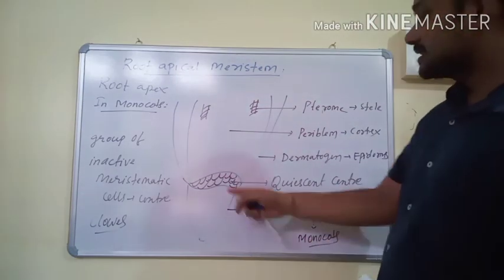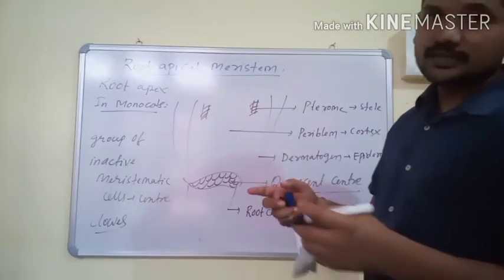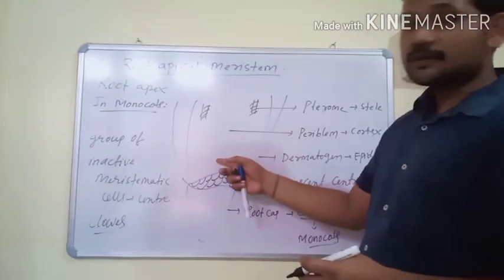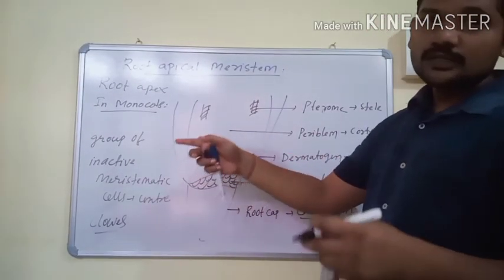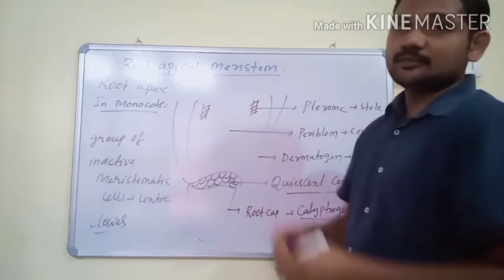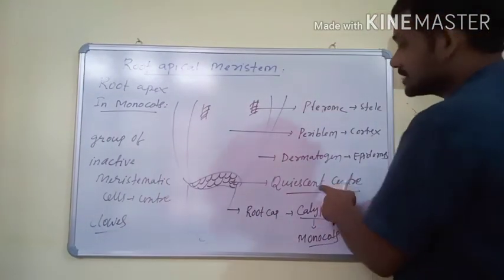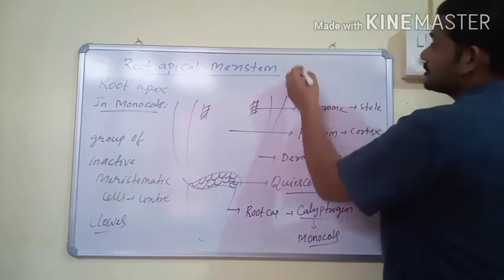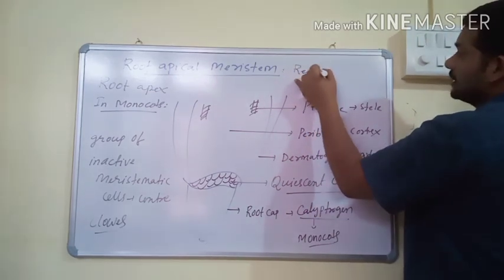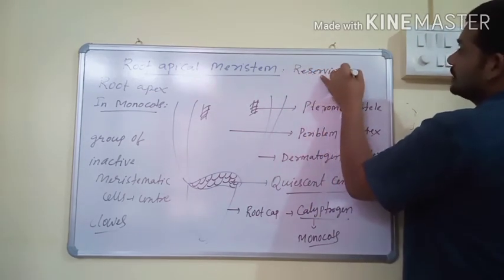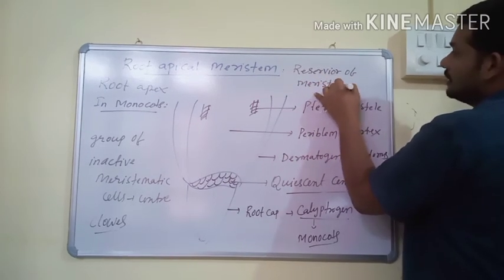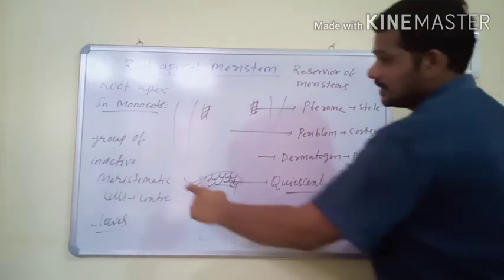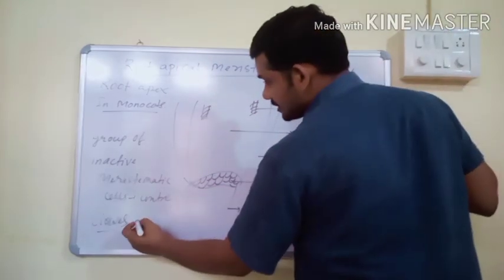Inactive meristematic cells means they do not always divide. Whenever the root apical meristem requires new cells, only then do they undergo cell division to produce a large number of new cells. That's why the quiescent center is also called the reservoir of meristems.